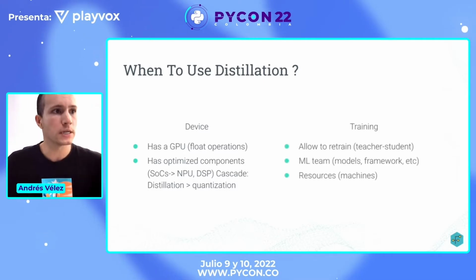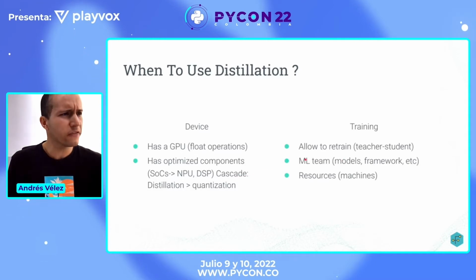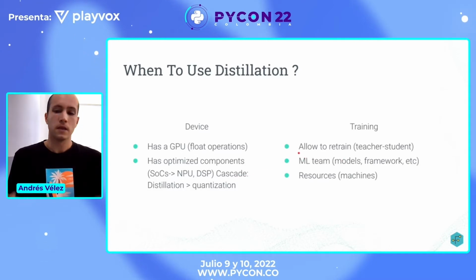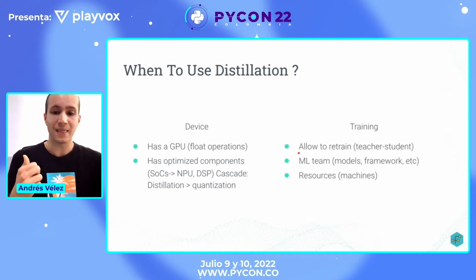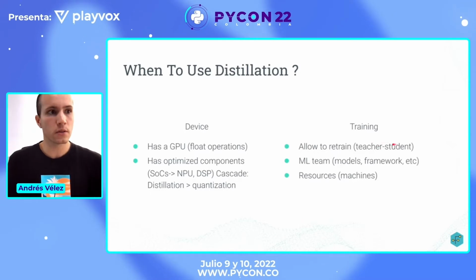Another really important aspect when deciding to use distillation is the training process. So the first point is you need to be allowed to retrain your model. So you need a configuration of teacher and student.